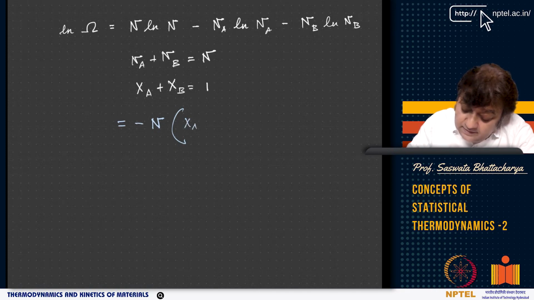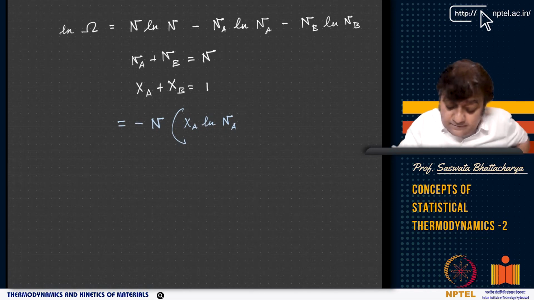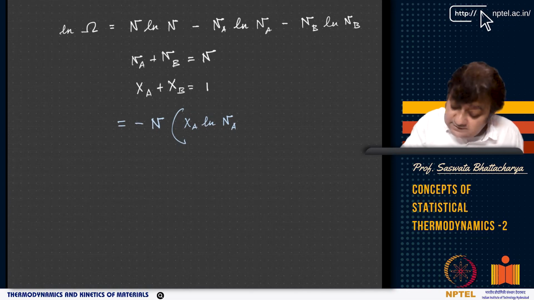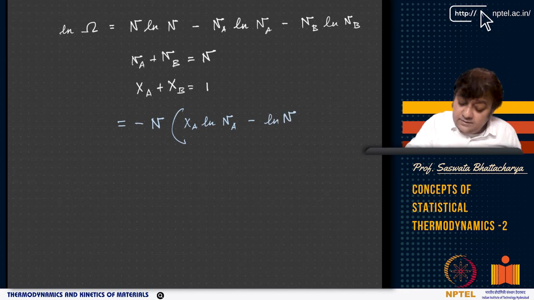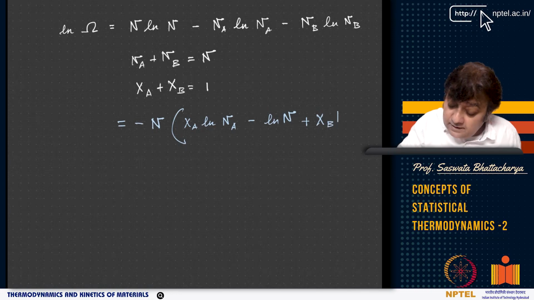and then it becomes xa ln na minus ln n, and here plus xb ln nb.